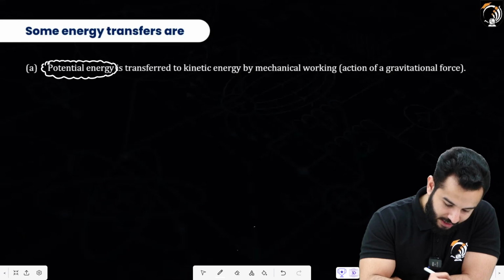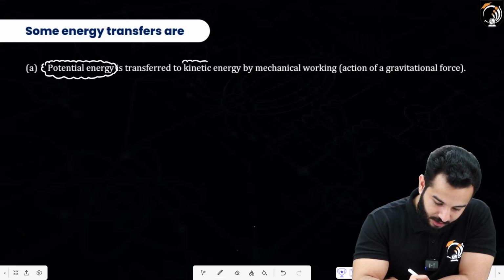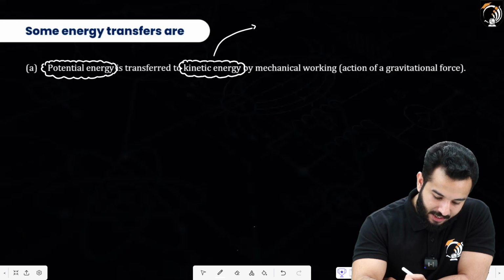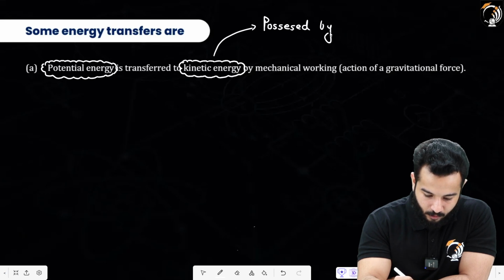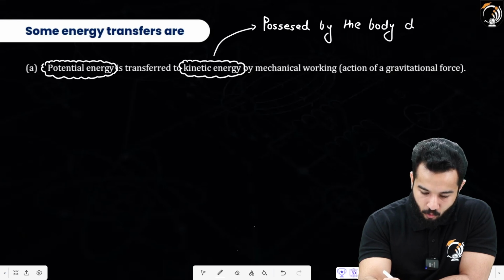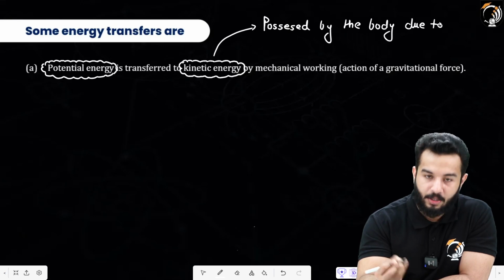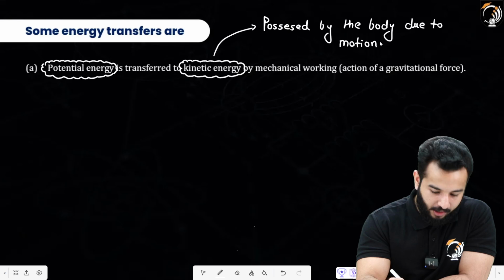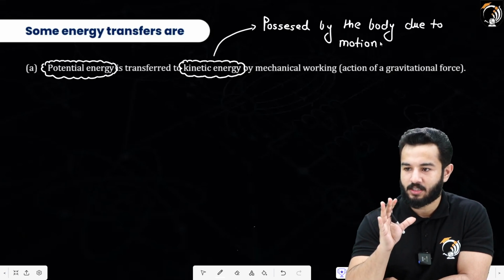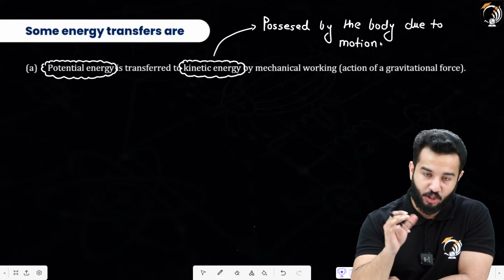Kinetic energy is energy possessed by the body due to motion. It's a quite simple and sweet definition. If a body is moving, it has kinetic energy. We can say it surely, right?